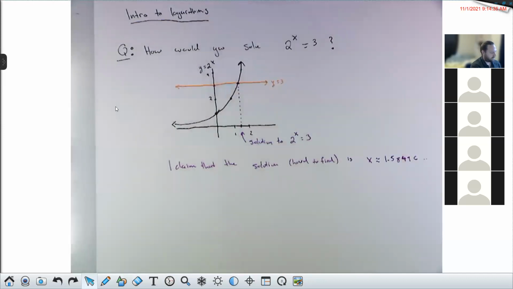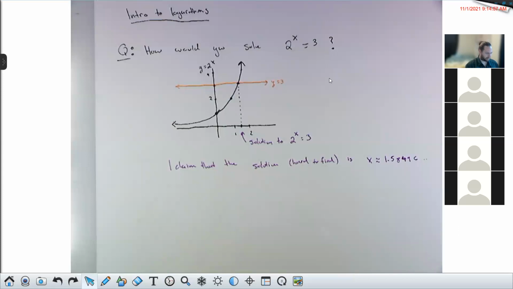Now, in fact, the exact solution is an irrational number, so I can't write it out in decimal form. And really, the nicest way to characterize this number is as the solution to 2 to the x equals 3. But there's a special notation for it. I will introduce that notation next time.